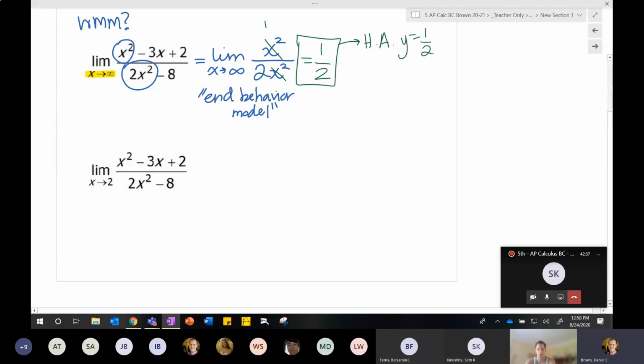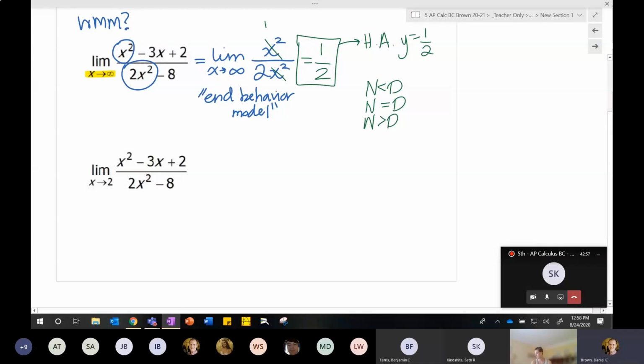To connect this to some things you already know, you learned that for a rational function, which is what this is, to find the horizontal asymptote, you had all these cases: when the degree of the numerator is less than the degree of the denominator, when the numerator degree is equal to the denominator, and when the numerator is bigger than the denominator.